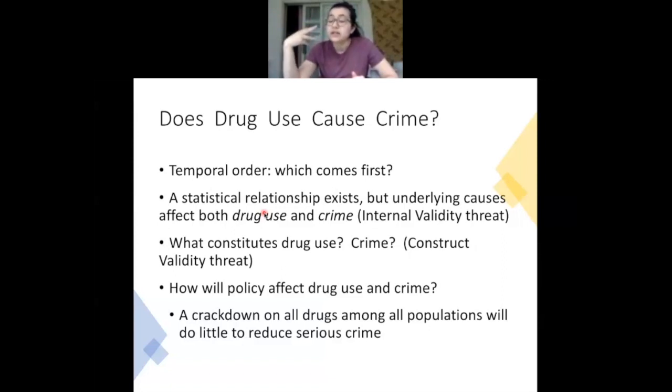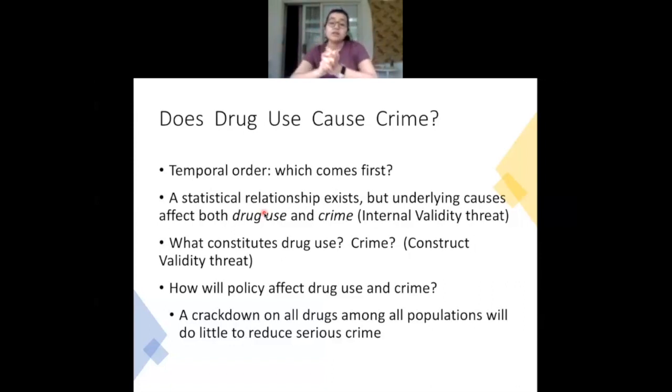If you're reading this literature and you're saying to yourself, oh wait, doesn't trauma affect drug use and crime, and doesn't poverty affect drug use and crime, then if I can identify variables that affect both the independent and dependent variable, there's a threat to internal validity. Or if I think the study covered all the variables that affect both of these things, then they have pretty good internal validity.